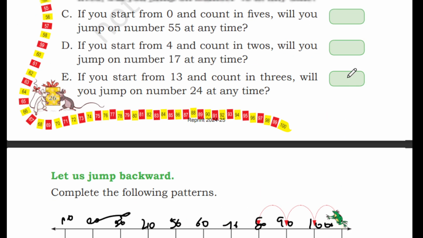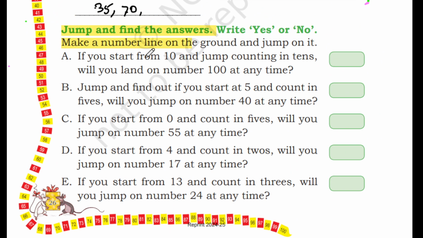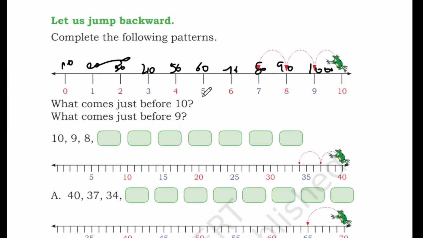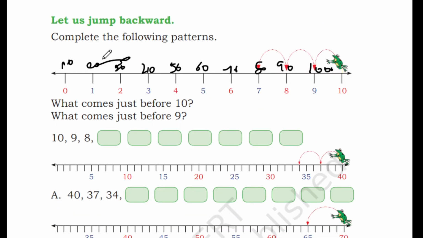So now what they are asking, if you start from number 10 and jump counting in tens, will you land on the number 100? Yes, because from 10 to 20 in between we have 10 numbers, right? So if you jump 10 times, 1, 2, 3, 4, 5, 6, 7, 8, 9 and 10.